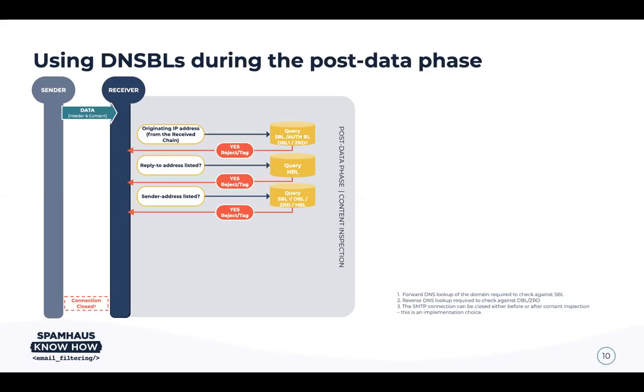Next in stage is any URL you can find in the body. This is links to websites or website forms or whatever they are, some page somewhere. And if the campaign is known to be associated with some spam activity, it may very well be that that URL points to a hostname or a domain that is already listed by the DBL.